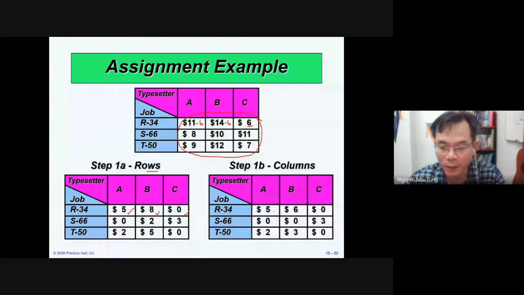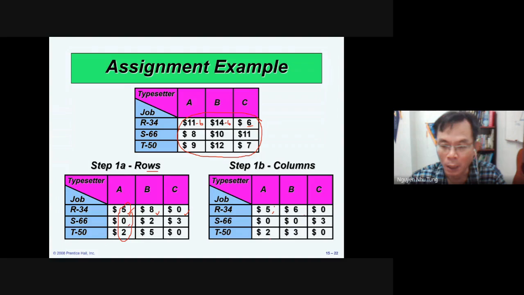For column subtraction, you look at each column, for example column A, and you subtract from all of the numbers in that column the smallest number in that column. The smallest number in column A is 0, so 5 minus 0 is 5, 0 minus 0 is 0, 2 minus 0 is 2.